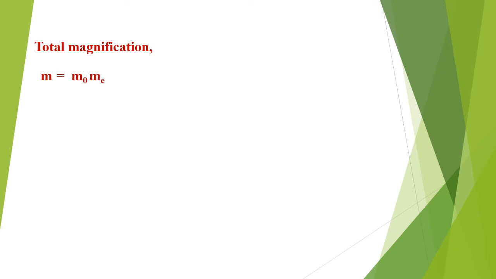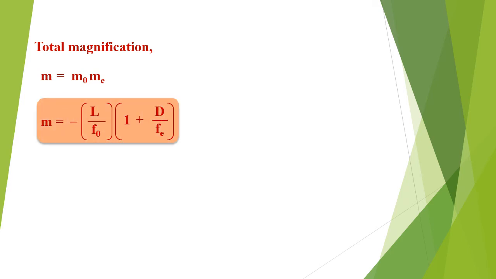Note here, it is a product, not a sum. So it is the product of magnification produced by the objective and magnification produced by the eyepiece. So total magnification is minus L divided by F naught multiplied by 1 plus D divided by Fe.